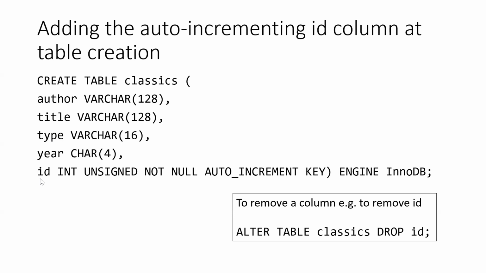We will say ID INT UNSIGNED NOT NULL AUTO_INCREMENT KEY, and then we will specify the engine. Sometimes you don't have to specify this, but if you're not really sure about the default storage engine, you had better include this. The next one is if you want to remove a column: you can just say ALTER TABLE and then DROP the ID.